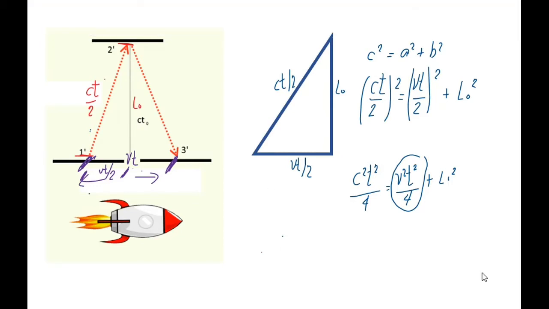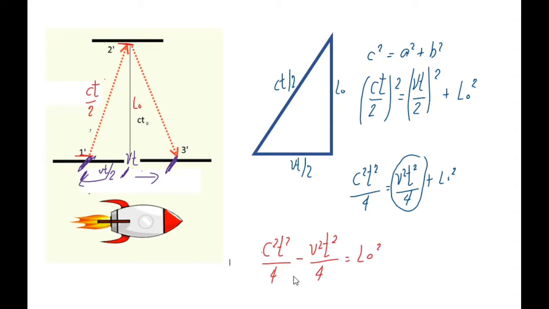Okay, so let's derive it further. I will combine terms with t. So we have here c squared t squared divided by 4 minus v squared t squared divided by 4 is equal to L naught squared.